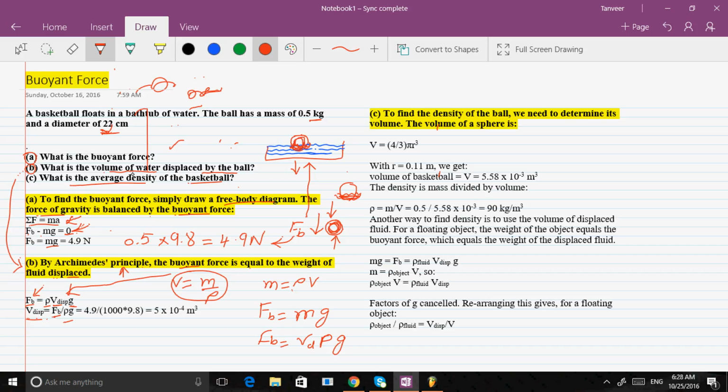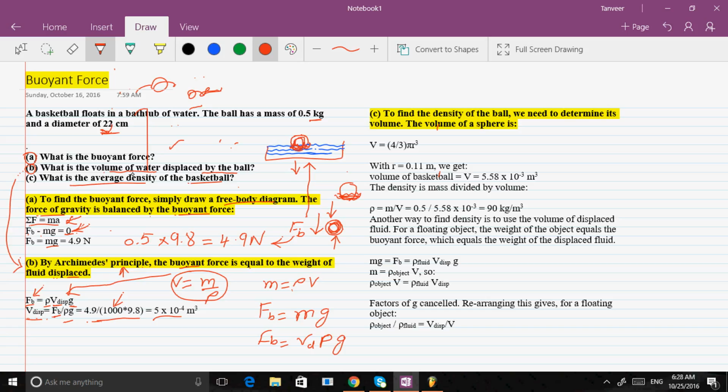By inserting the values, the density and gravitational force are constant values, and we find 5 times 10 to the minus 4 meter cube as the volume.